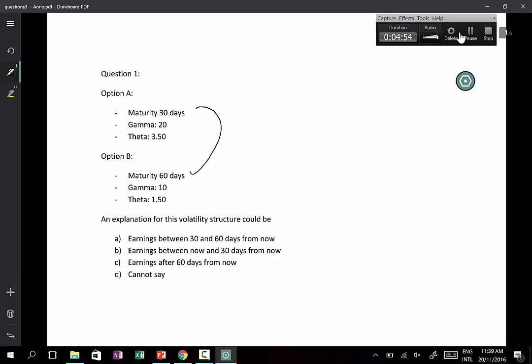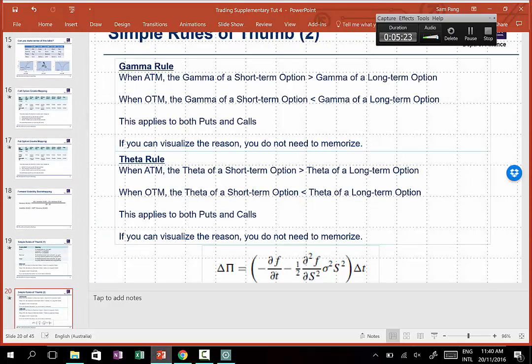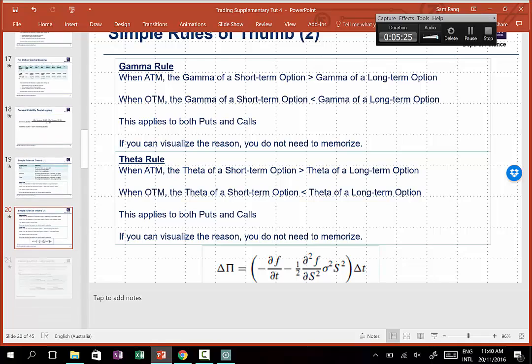Now that part is not surprising because that's how it should be, but the second option also has a substantially higher theta. And what we're asking you to recall here are those slides regarding what we call the forward volatility.